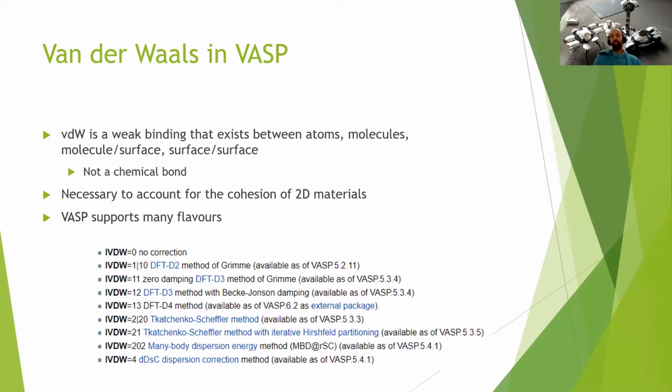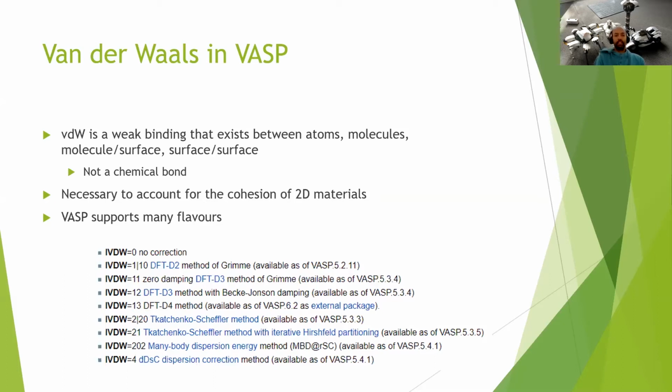And the van der Waals interaction proves to be extremely important to describe why graphite doesn't just fall apart into graphene sheets. That's because each of those graphene sheets is bonded to the other graphene sheet in graphite, forming layers of graphene, each one bonded to the other one via the van der Waals interaction.